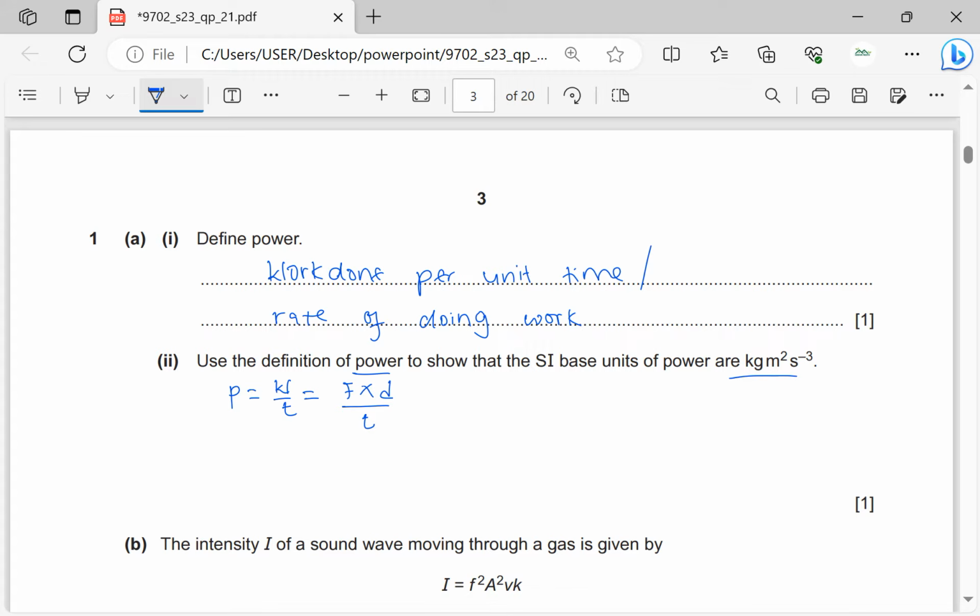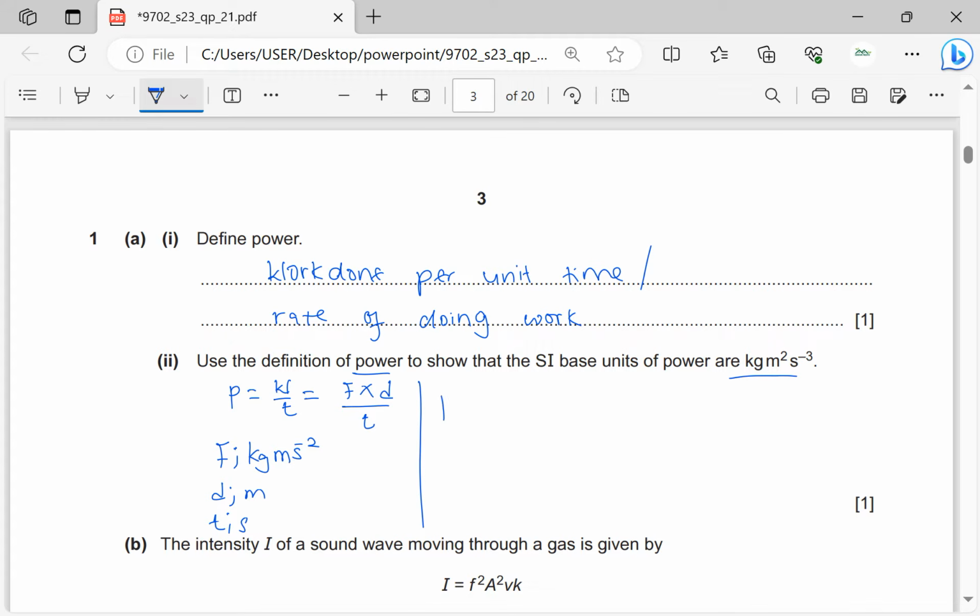So the base units of force will be the base units of mass, which is kilogram, times the base units of acceleration, which is meters per second power minus 2. And we know the base units of distance, which is the meters, and the base units of time, which is the second. So we just combine.